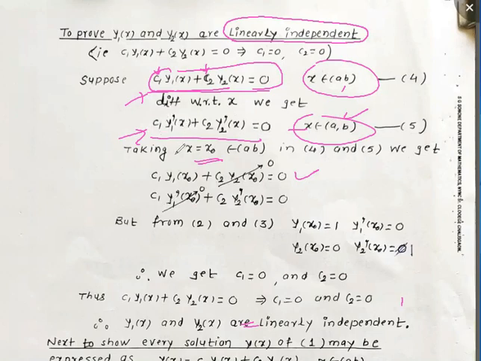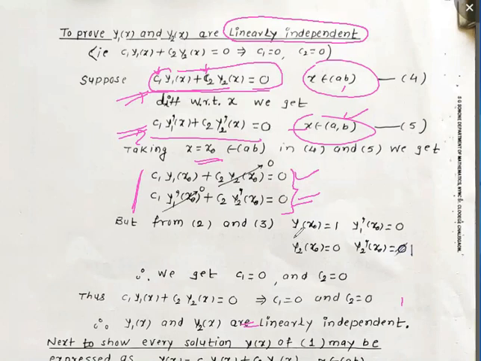So C1 y1 dash (x0) plus C2 y2 dash (x0) equal to 0. So just replace x by x0 in these two equations, and we get these two equations.